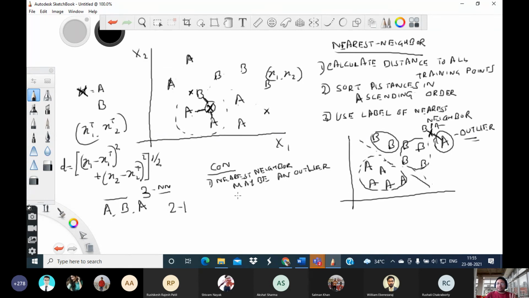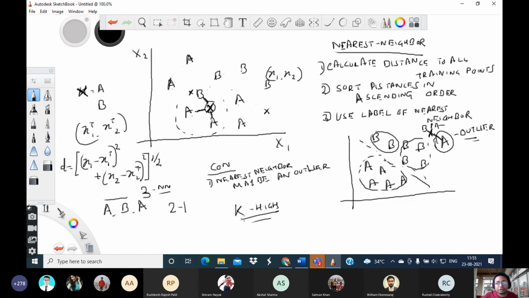But I take your broader point, which is that we take a high enough value of k so that we can expect there won't be too many outliers. Even if there are some outliers, they will be overwhelmed by the points which are not outliers.